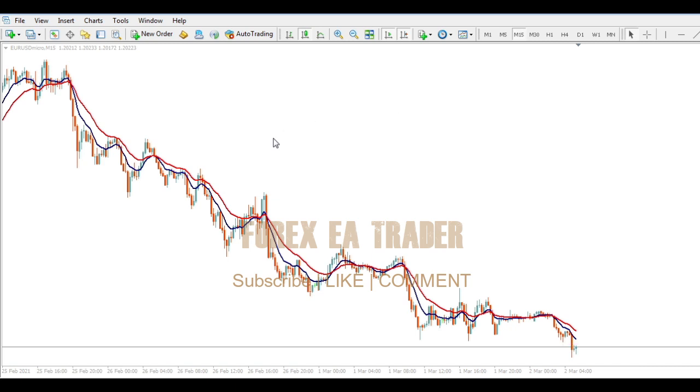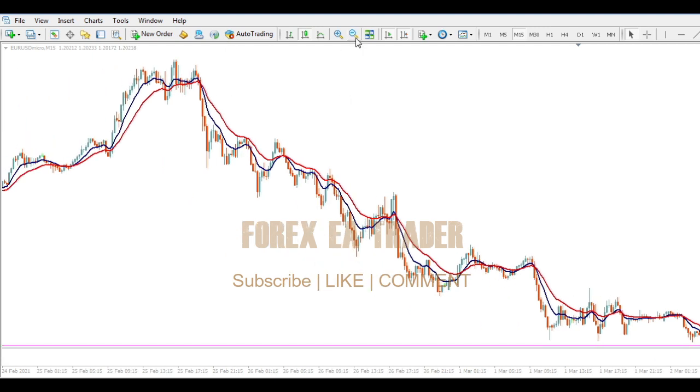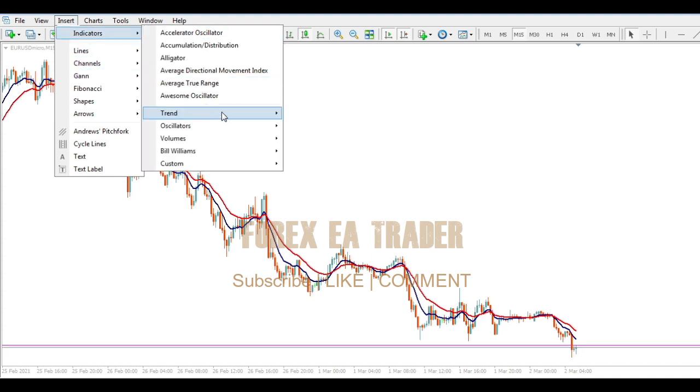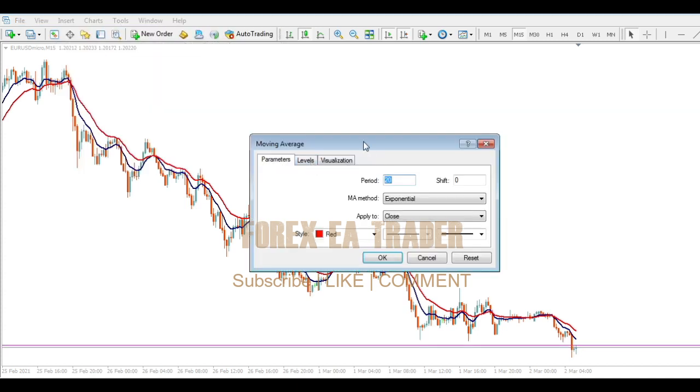Then for the long-term filter, what you want to do is to insert your 50.